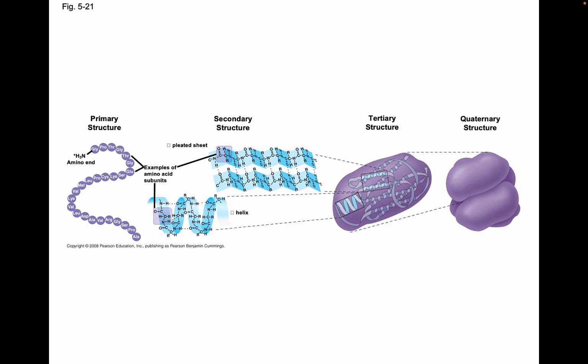And the amino acids in the helix that forms the alpha helix can form tunnels even that allow some things to pass through them. We'll talk about that a little bit later on when we talk about the cell membrane.